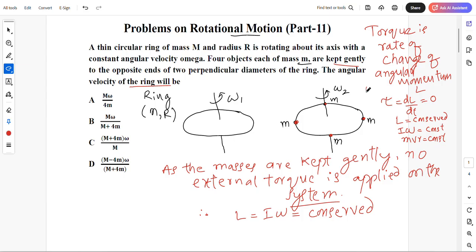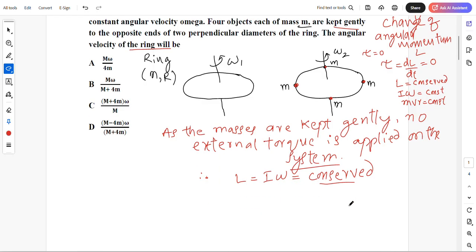If torque is equal to 0, then dL by dt is equal to 0. The differentiation of a constant is 0, so L is constant. Angular momentum is I omega, and we can also write MVR. Here L is I omega, because there is no extra term.